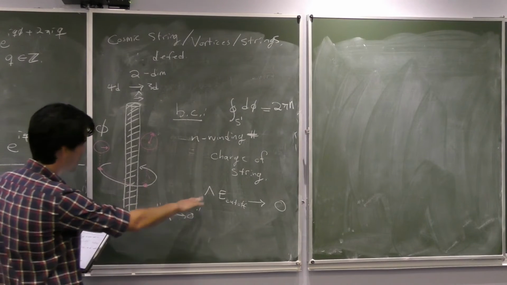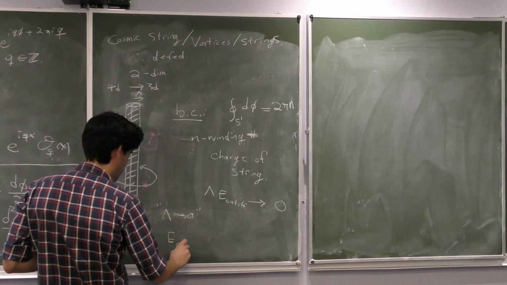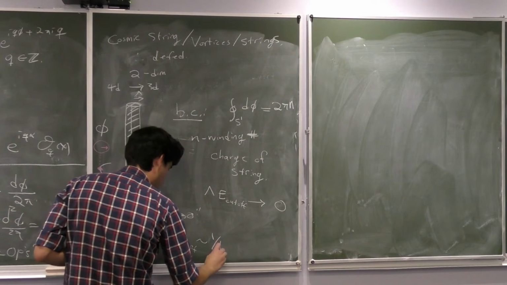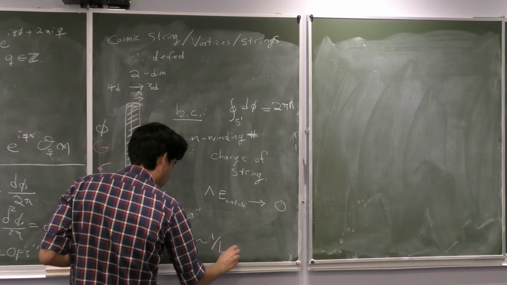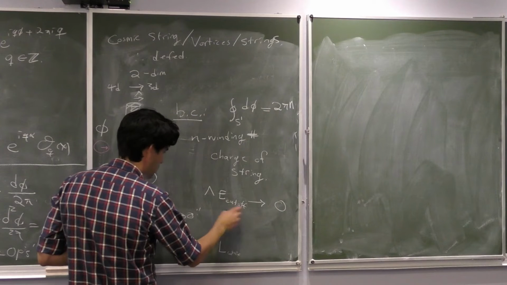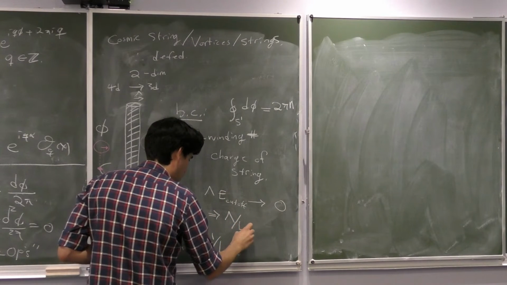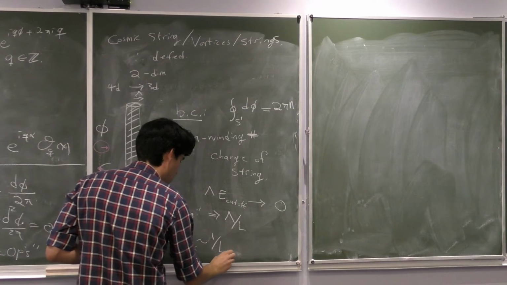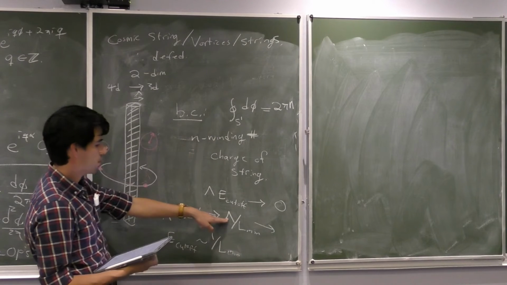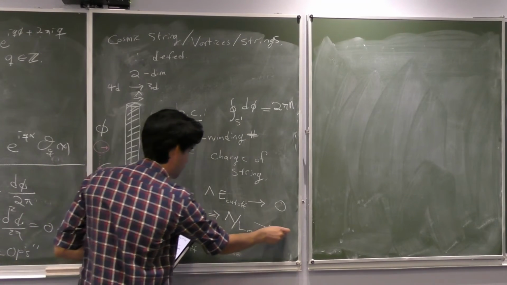So the way you see this is that E cutoff is equivalent to 1 over the length scale cutoff. This statement is equivalent to saying that this is the minimum length scale you can look at, and you're taking lambda to be much smaller than the minimum length scale you can look at.